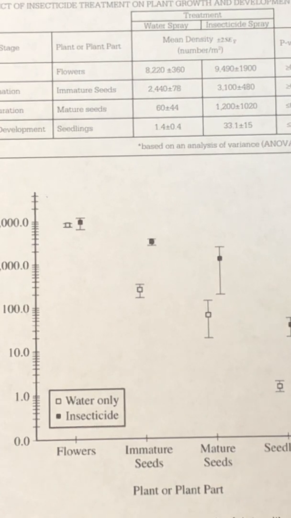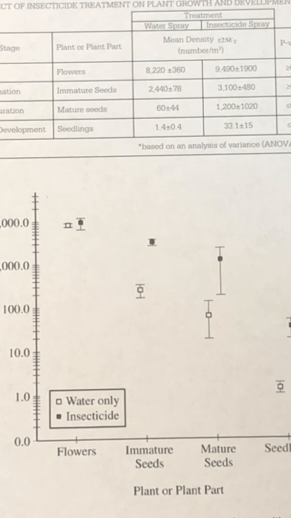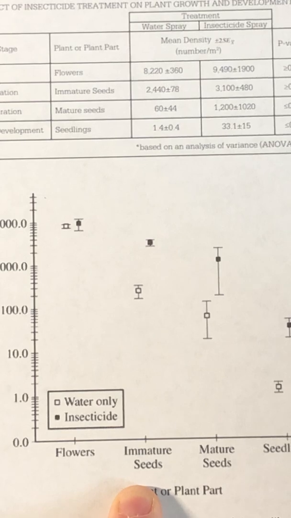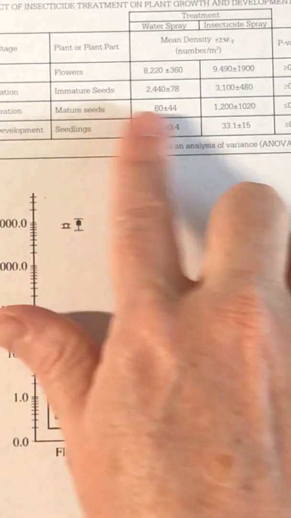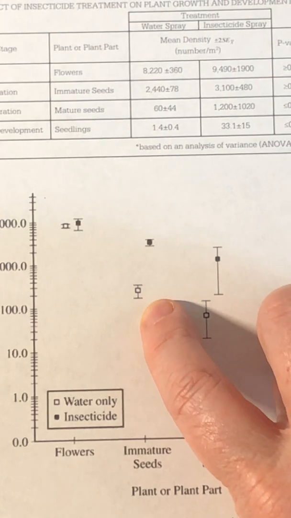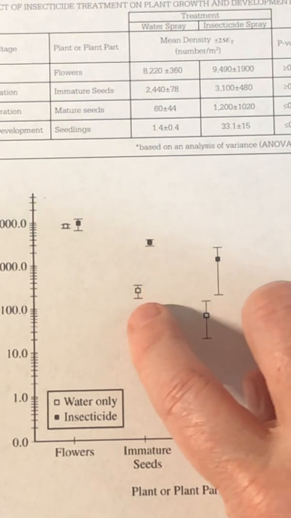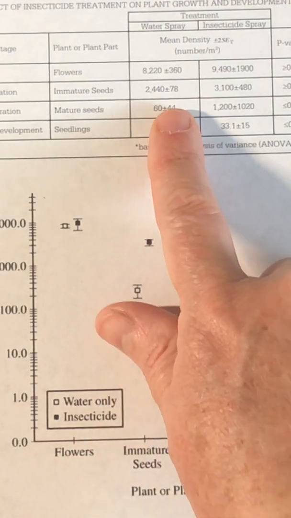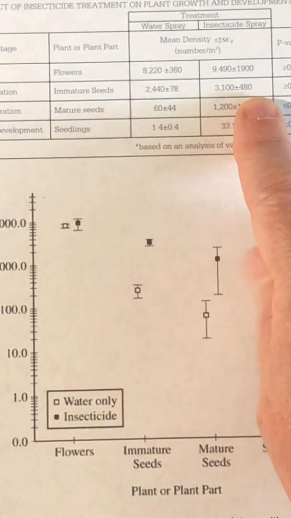And they were wrong right here, in the immature seed / seed formation zone. This one was supposed to be around 2,000, and they graphed it around 200. So it should have been way up here, because the other one was at about 3,000.